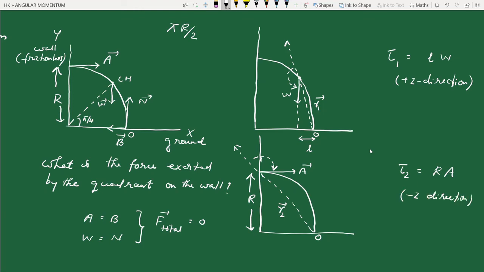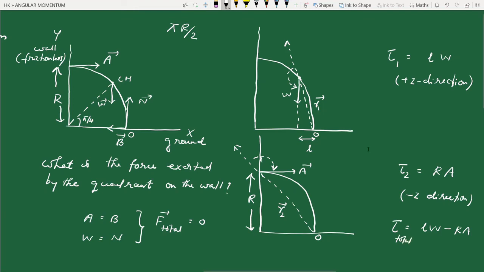So if you take plus z direction as positive, we can write the total torque as tau 1 plus tau 2. But tau 1 we treat as positive, tau 2 we treat as negative because its direction is opposite. So this is the net torque acting on the body.